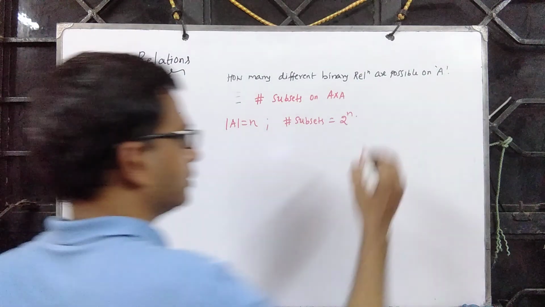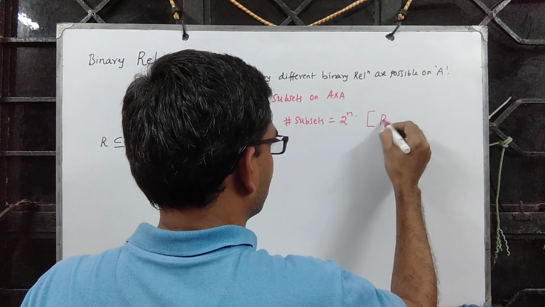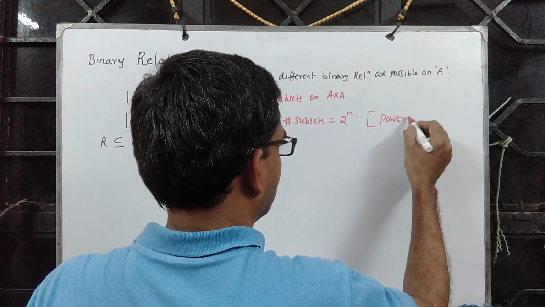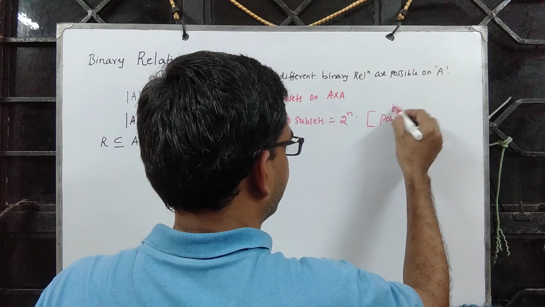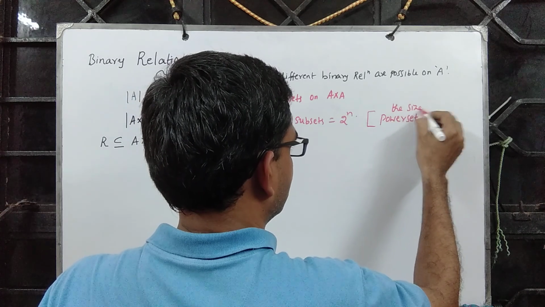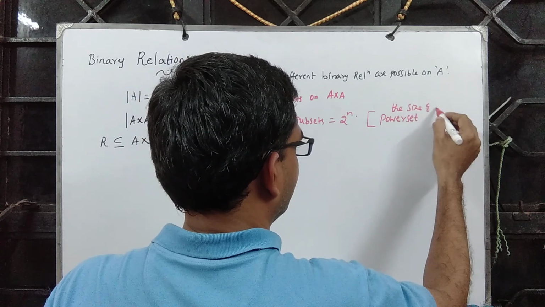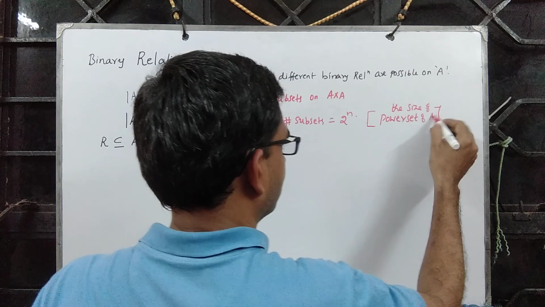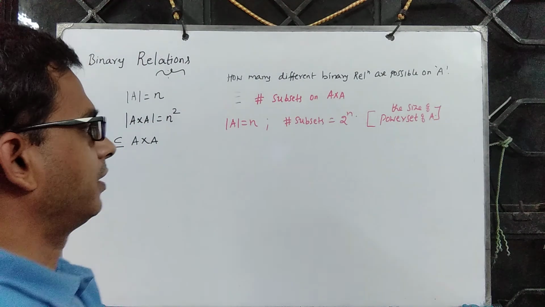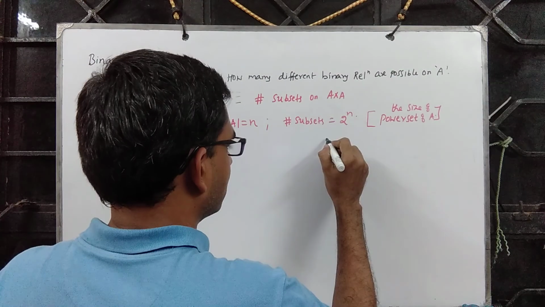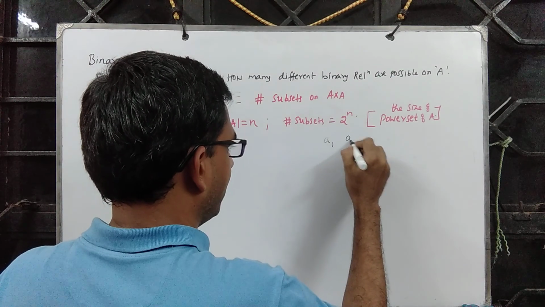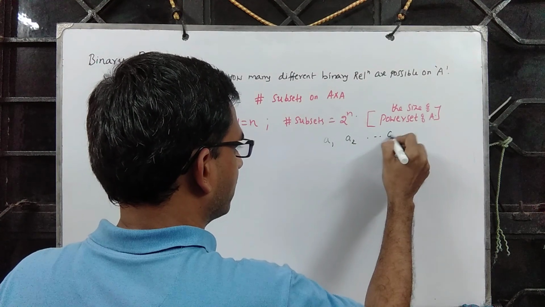Correct? This is also known as the cardinality, the size of the power set. A simple argument for this is, there are n elements, A1, A2, and so on up to An.